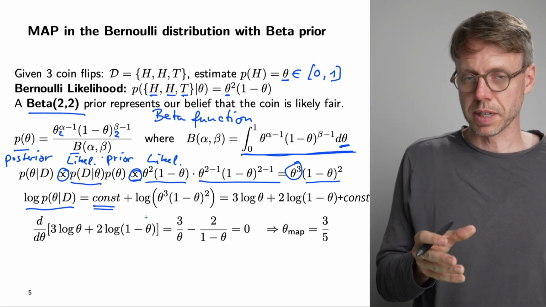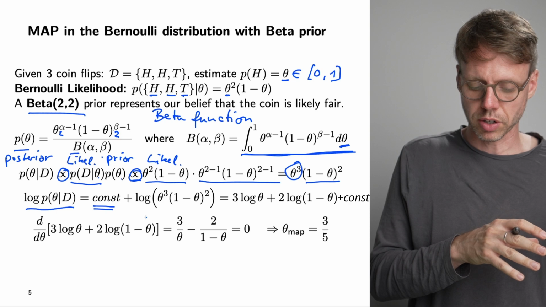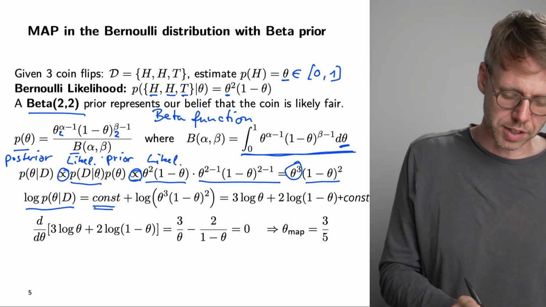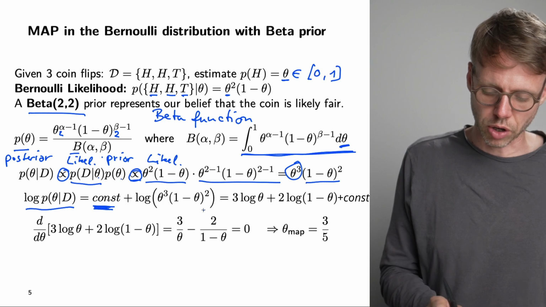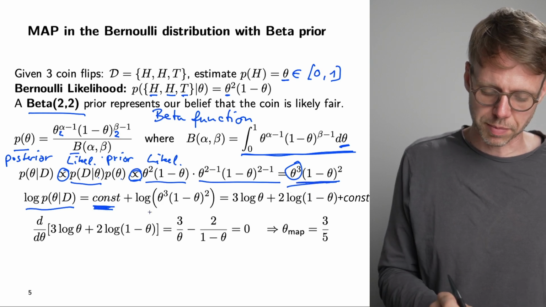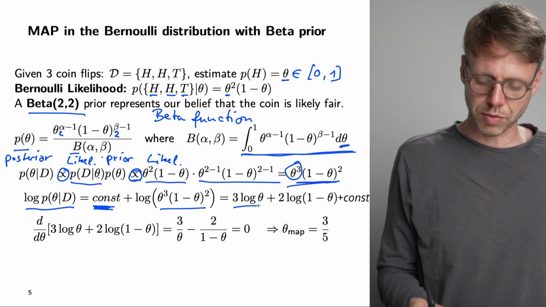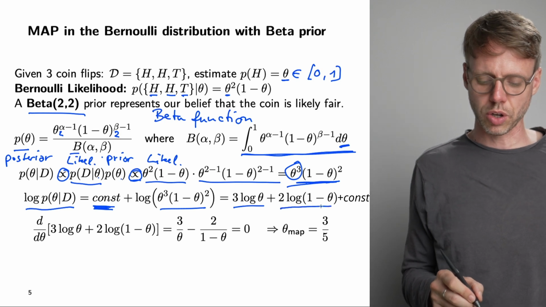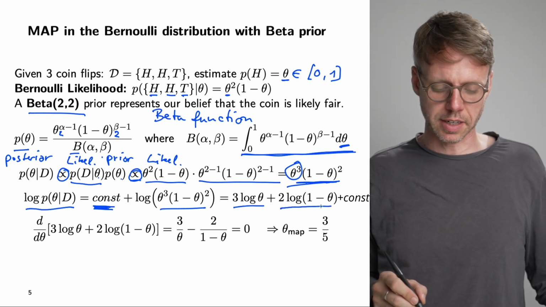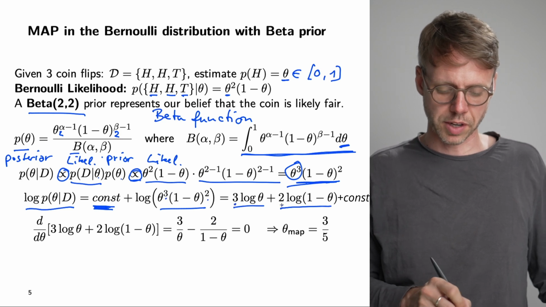Proportional means that we have a multiplicative constant. Now if we take the log, we get an additive constant instead of the multiplicative constant, plus the log of this term here, which of course we can compute. It's 3 log theta plus 2 times log of 1 minus theta. Exponents become multiplicative constants.